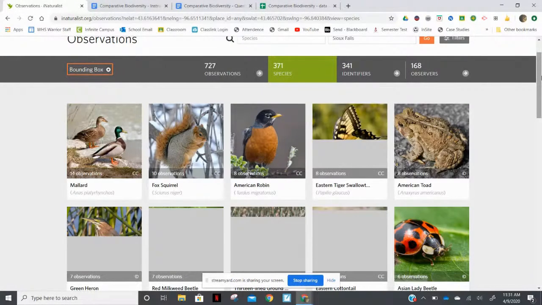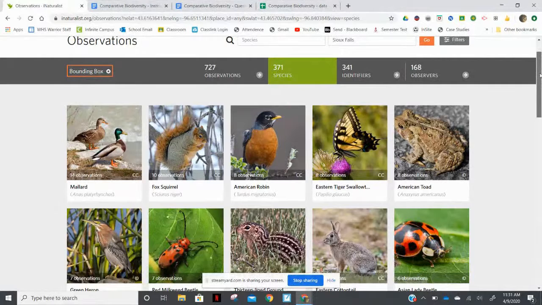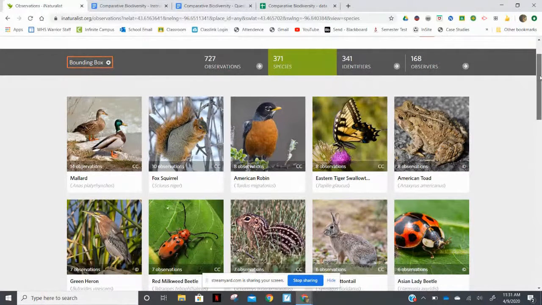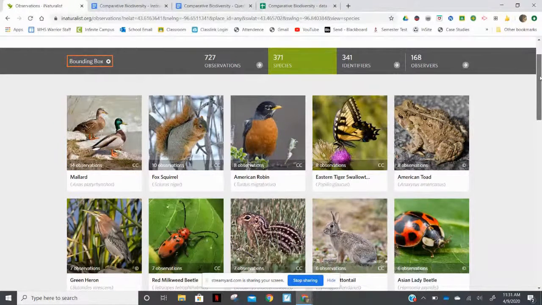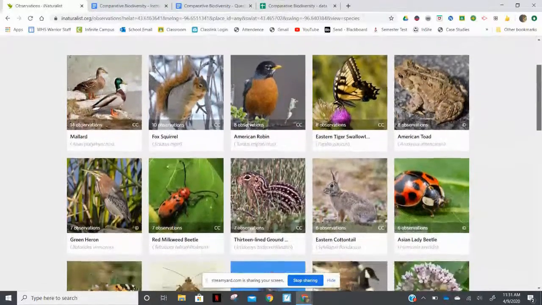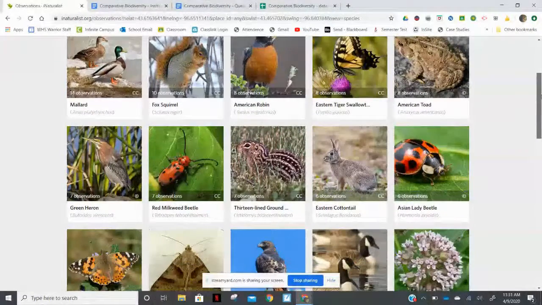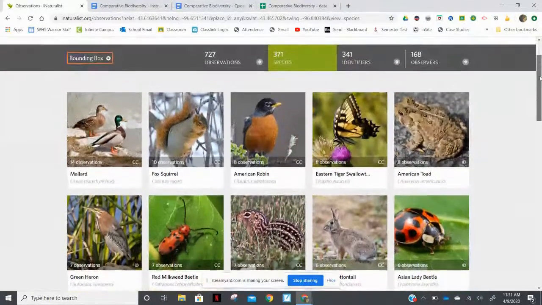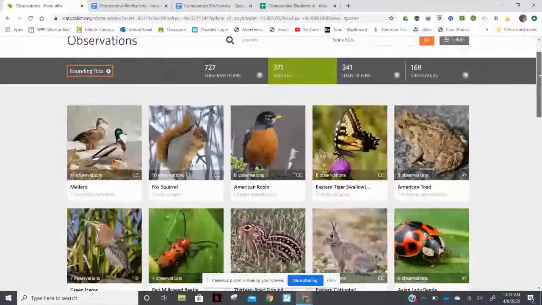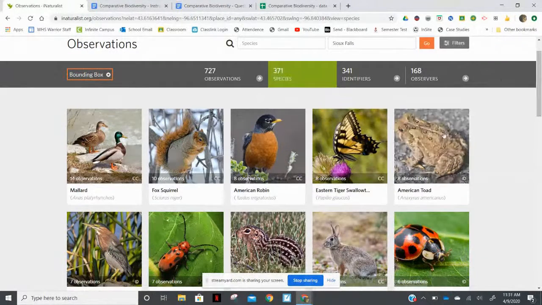And so I didn't necessarily care that they knew individual species, but I wanted them to kind of come up with groupings that they would make on their own. So they may have chosen to do insects as a big category, or they might have chosen to do moths and butterflies and beetles. And the basic idea is that I wanted them to figure out how many different categories of species could they make.